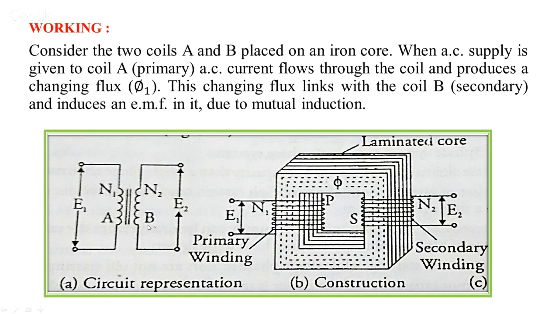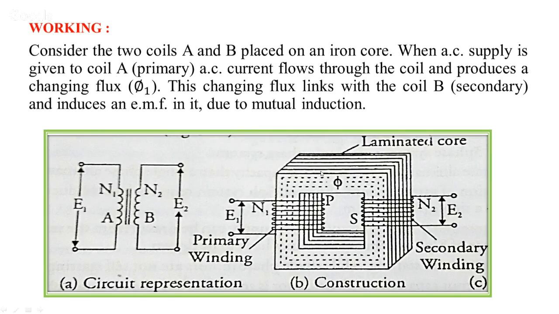B is the second coil placed close to coil A, and N2 is the number of turns on the coil B, and the voltage across the second winding, the secondary, is E2. When an AC supply is given to coil A, that is the primary.